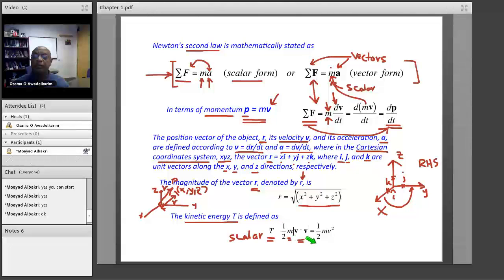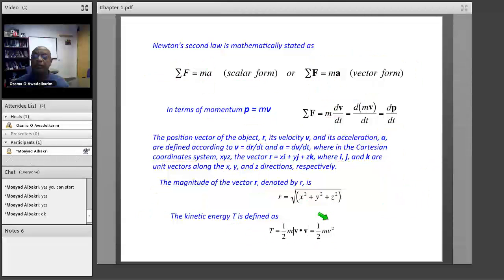So as a scalar representation, it is half times the mass times the magnitude of the velocity squared. And this gives me the total kinetic energy in an object.